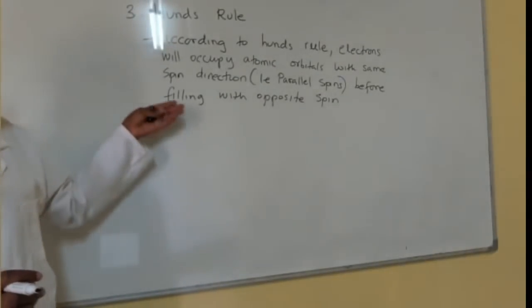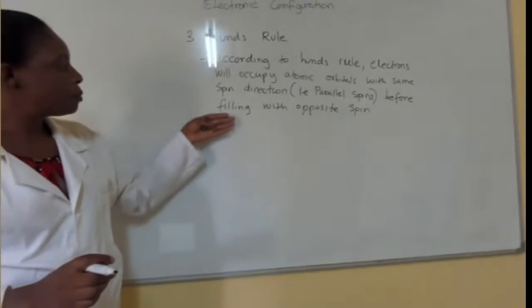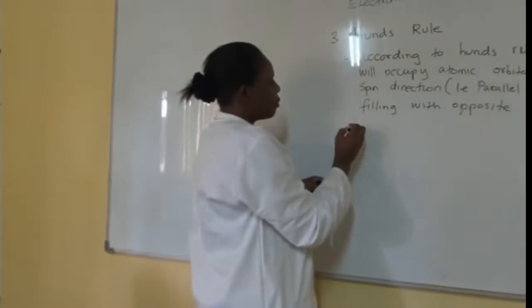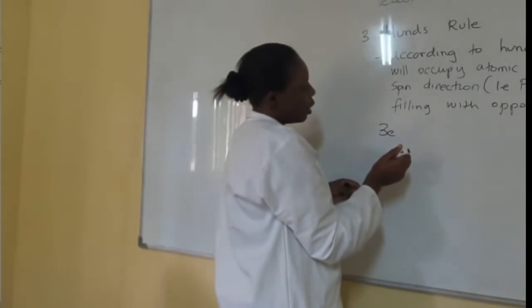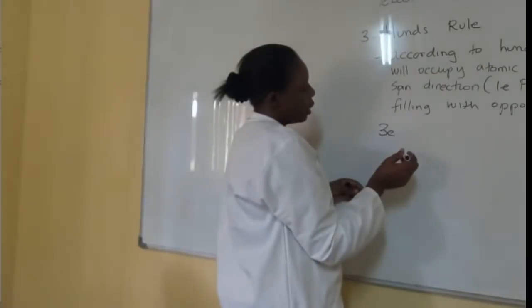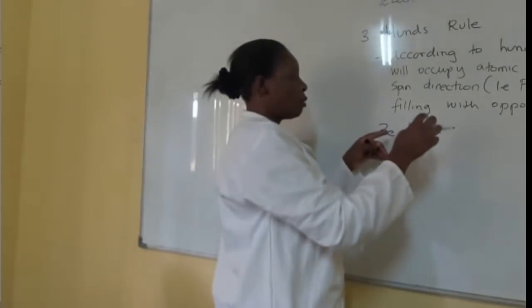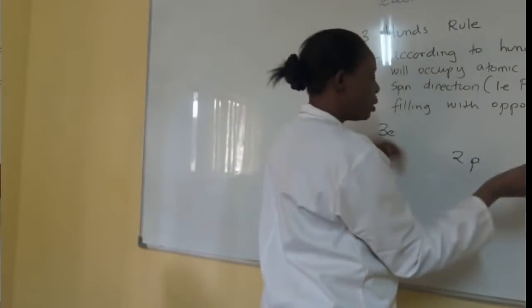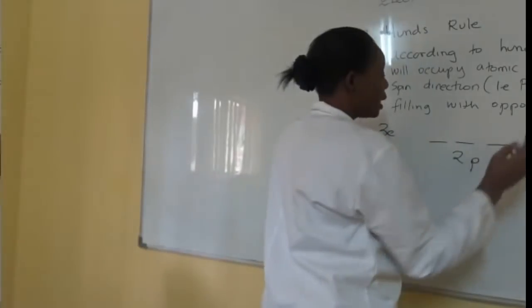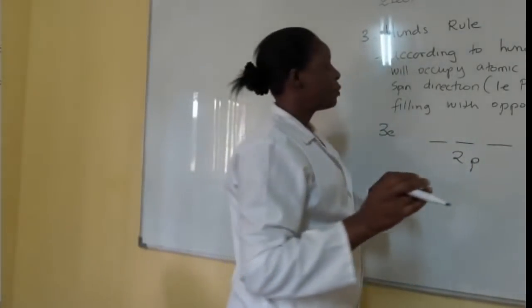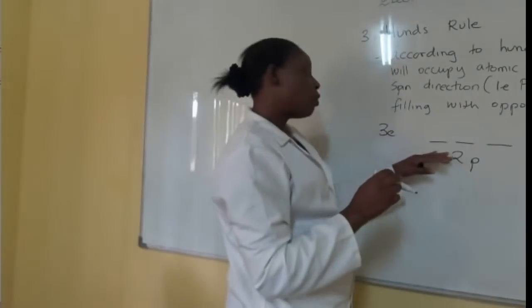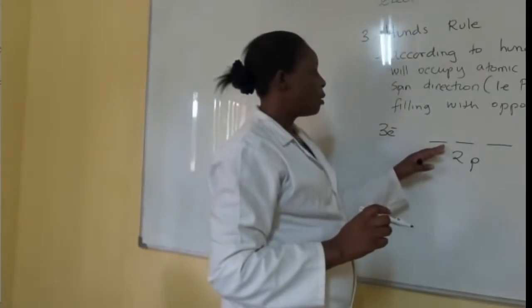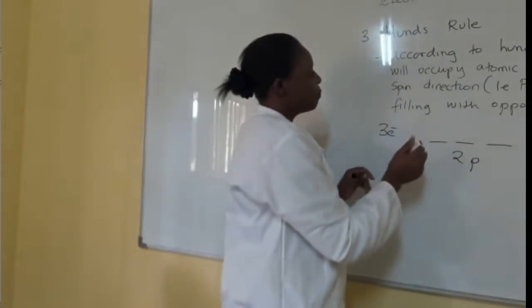Alright, so now to illustrate this, let's say you have 3 electrons and you want to fill them in the p orbitals. You remember, p orbitals are 3 in number. So we have 3 orbitals and we have 3 electrons that want to occupy these orbitals.